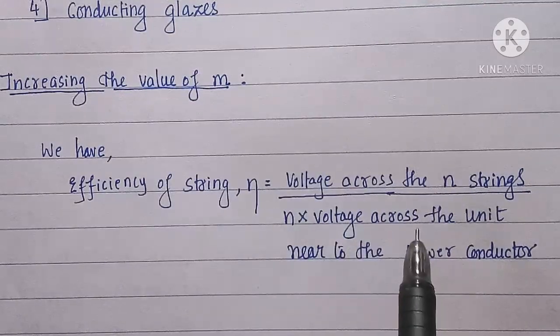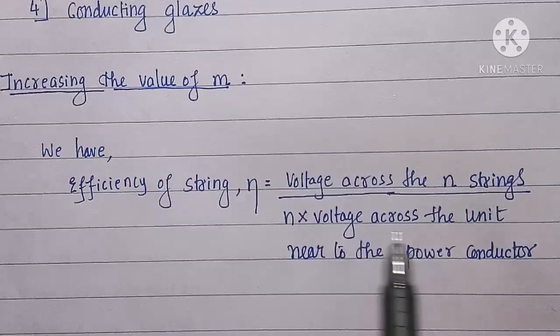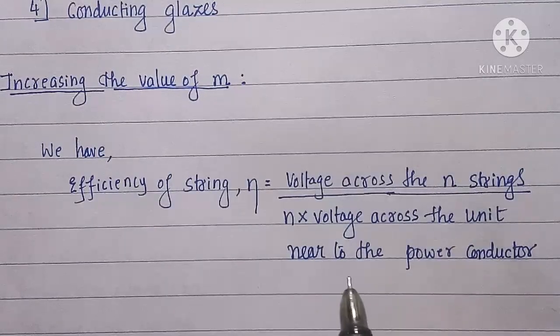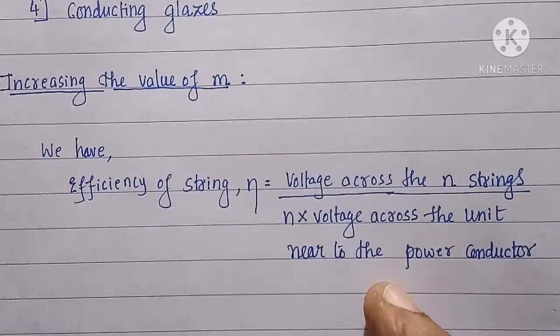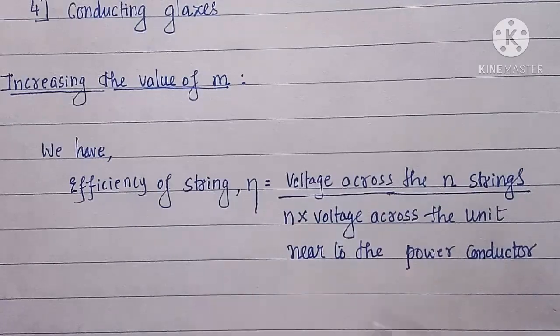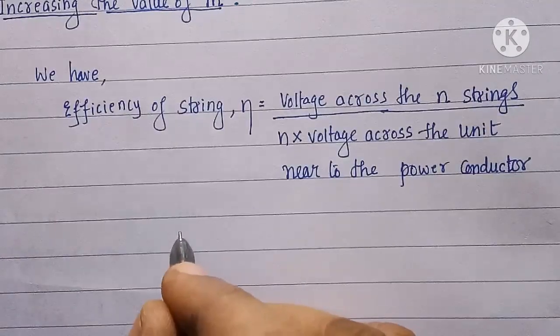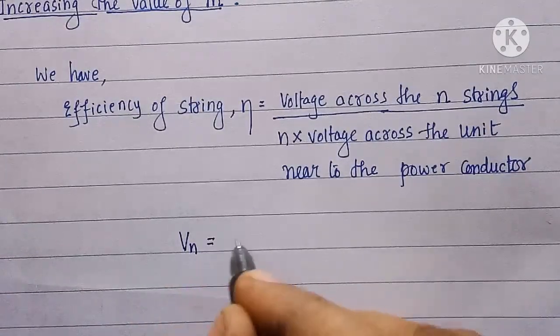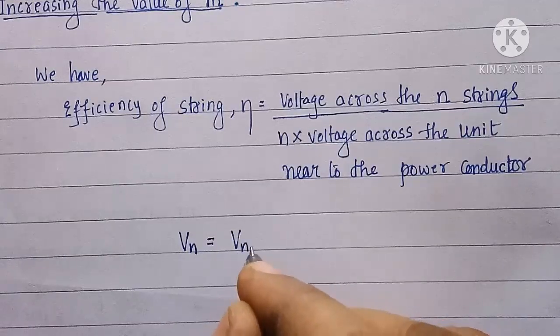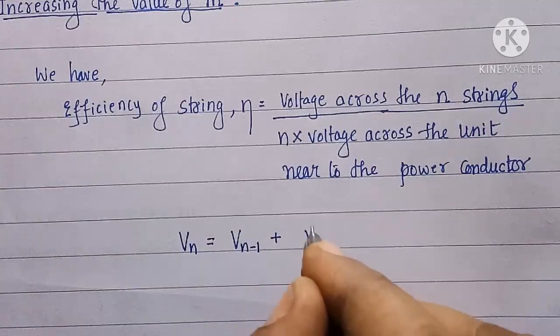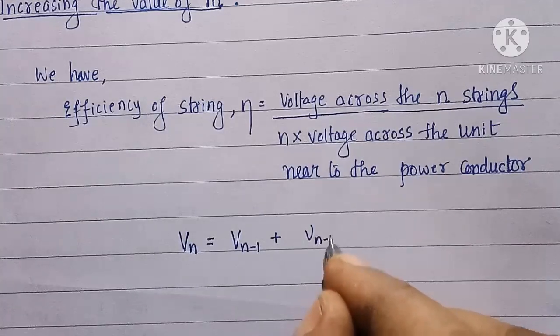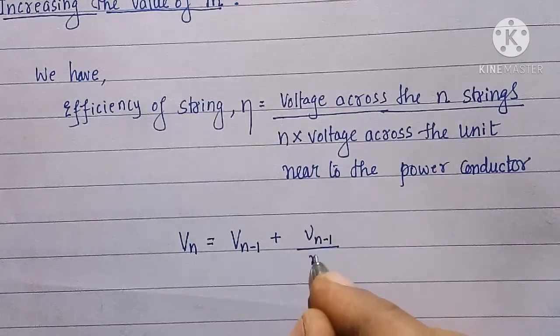Then how to decrease the denominator is a question. In denominator we are having voltage across the unit near to the power conductor. That means voltage across the nth unit, that is last unit from the top, and that is given by Vn equal to Vn minus 1 plus v n minus 1, here it is small v, divided by m.